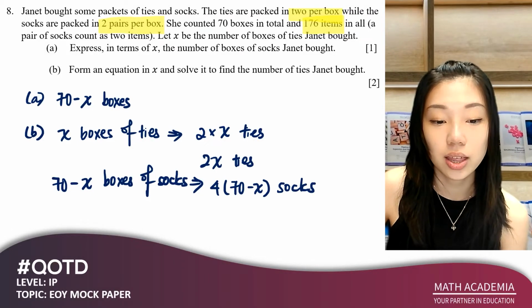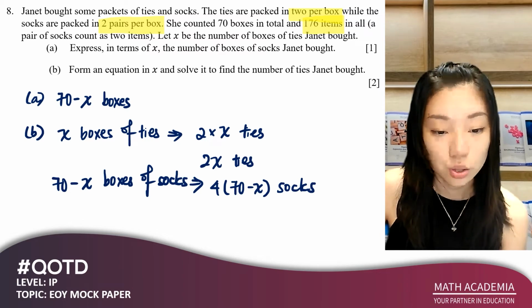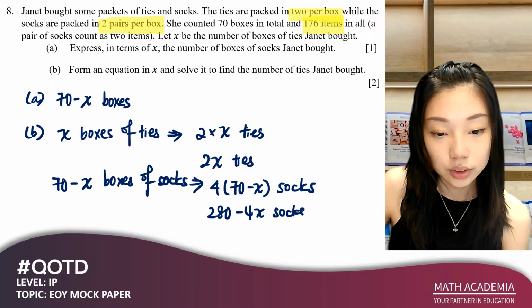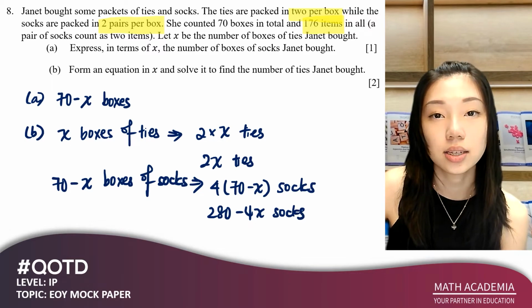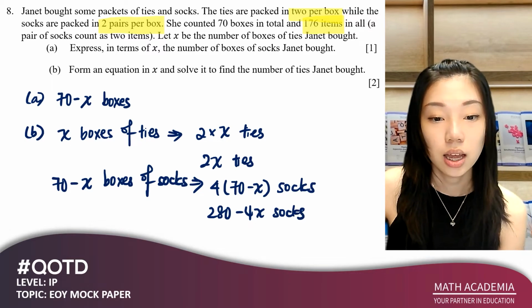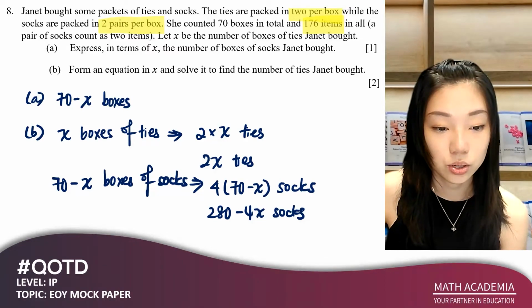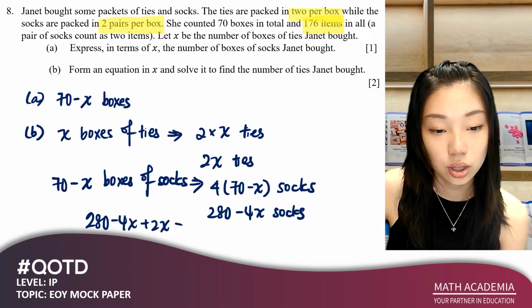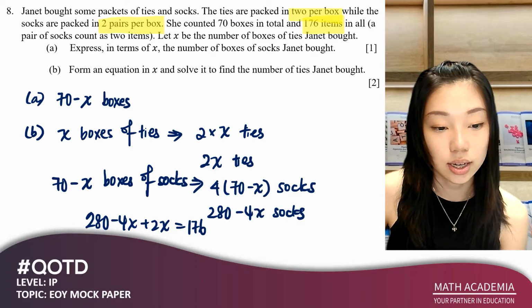If I were to simplify this, I would have 280 minus 4x socks. And in total, ties and socks, I have 176 of them. So when I add 280 minus 4x plus 2x, this should give me 176. So this is the equation that we have formed.